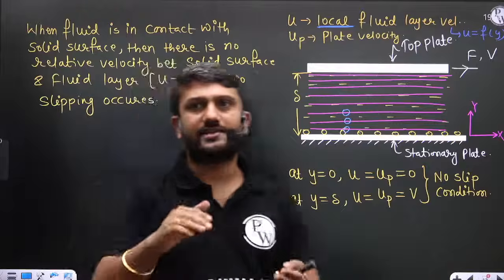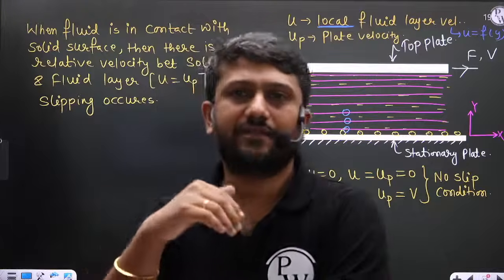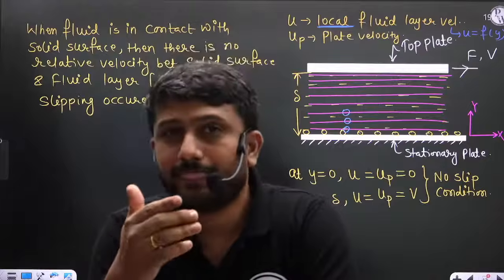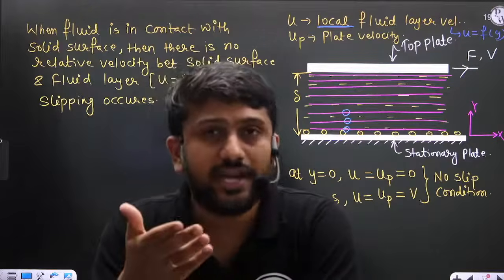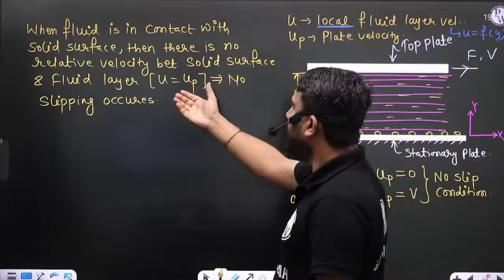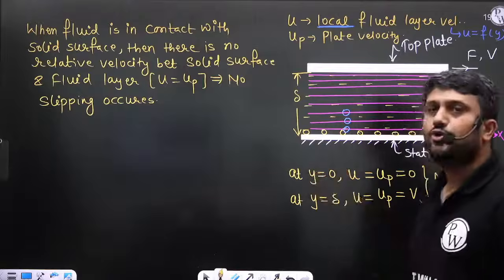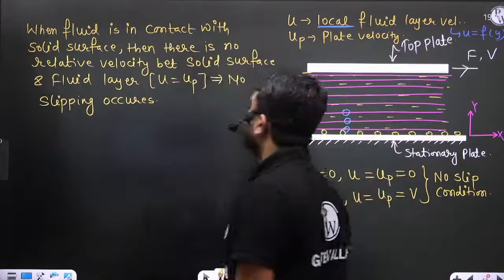Slipping between the solid surface and the fluid occurs when there is a relative velocity. When there is no relative velocity, there is no slipping, right? That's why this condition is known as the no slip condition.